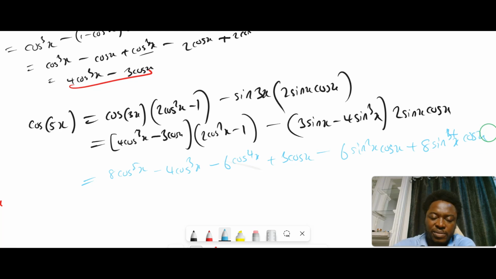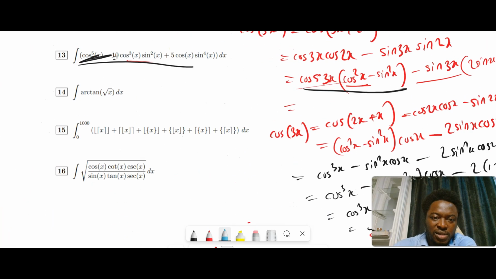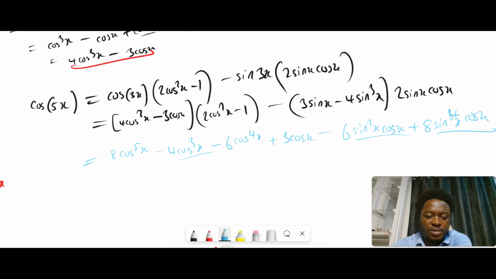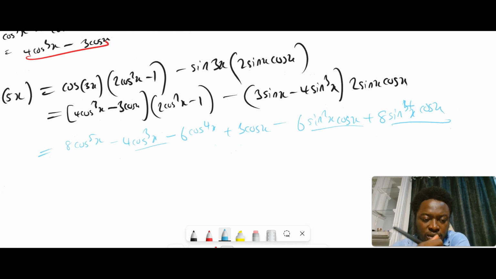So let's check the form of the problem. Sine to the fourth, cosine cube, sine squared. Sine to the fourth, cosine cube. So I think we are almost done there.